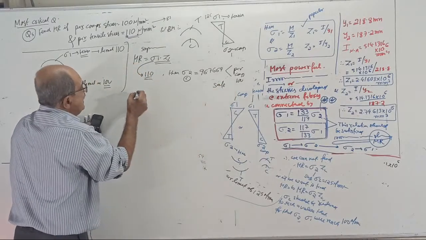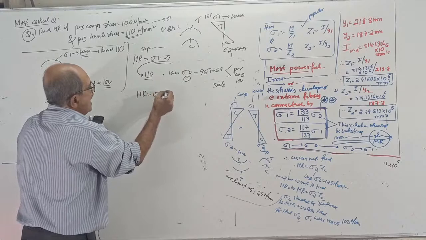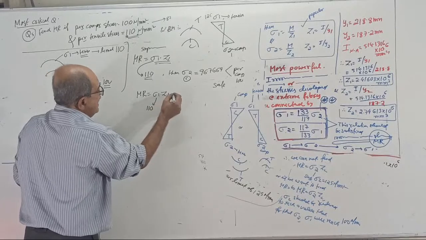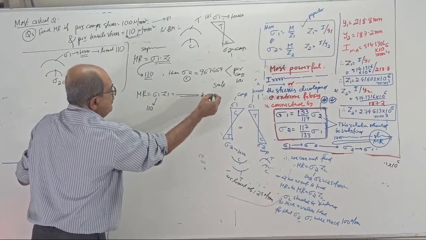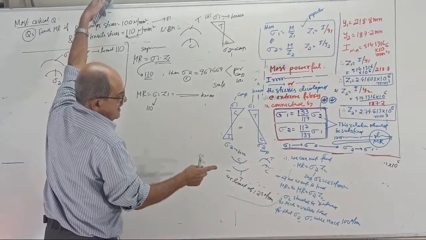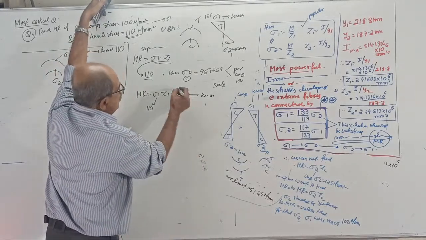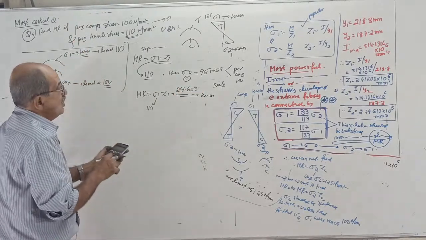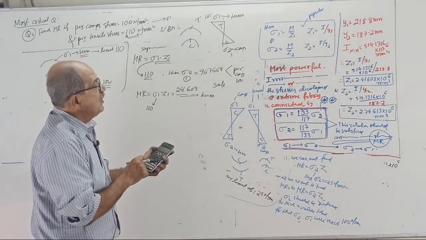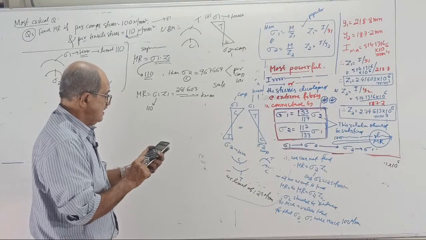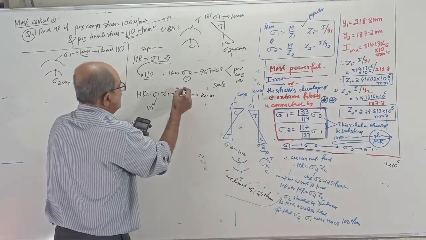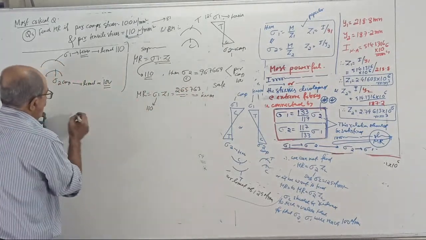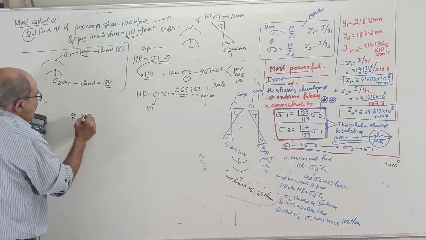Therefore, I can happily find MR by sigma 1 Z1, substituting sigma 1 top fiber tension of 110, and get the answer in kilonewton meter. Z1 is 2.41603, into 110, is 265.763 kilonewton meter.